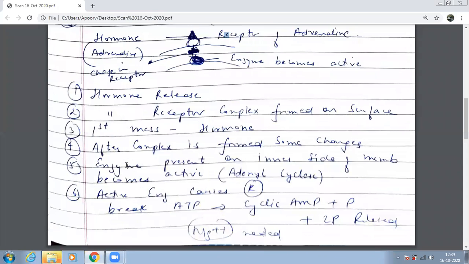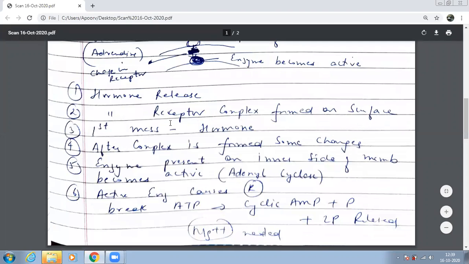Let's do the steps. The first step was your hormone was released. Then the hormone-receptor complex was formed on the surface. Till here everybody is okay. First messenger was? Hormone. After the complex is formed, some changes will take place.